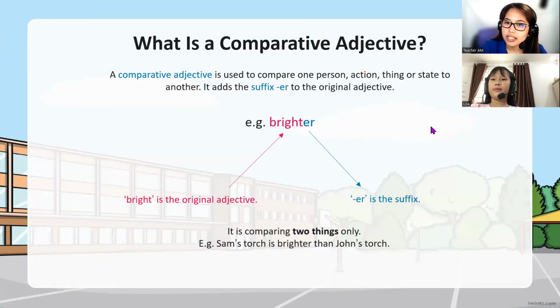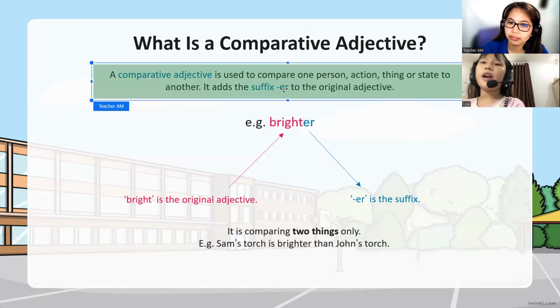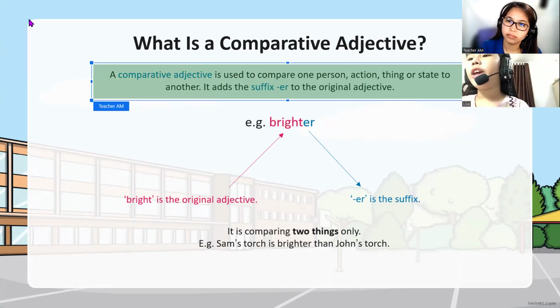Now, what is a comparative adjective? Please read the definition. A comparative adjective is used to compare one person, action, thing, or state to another.